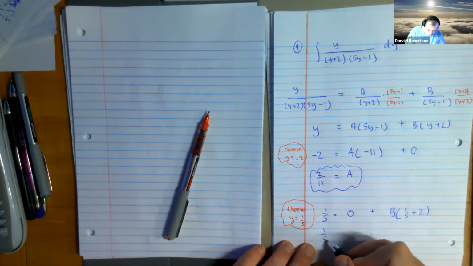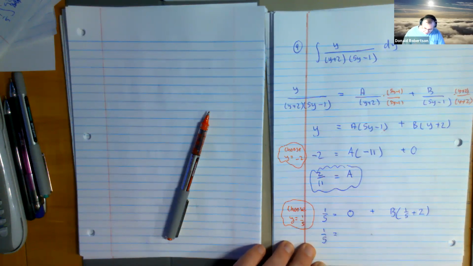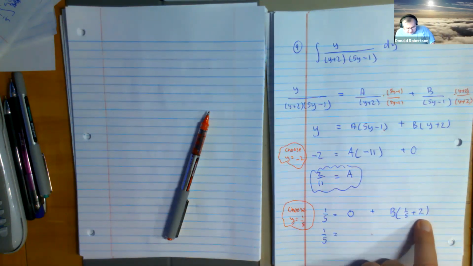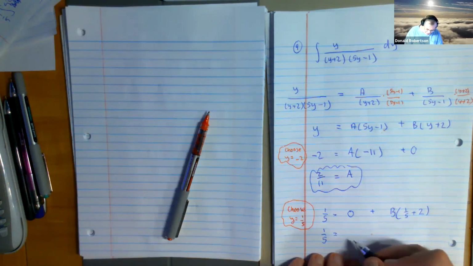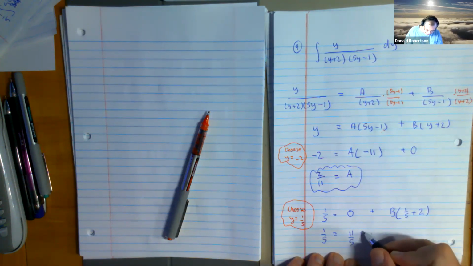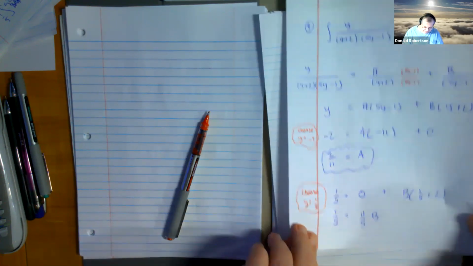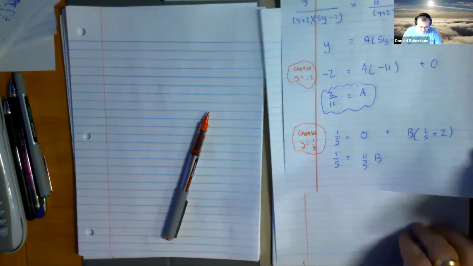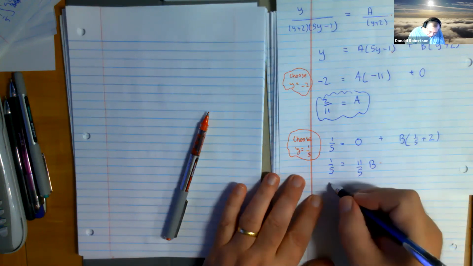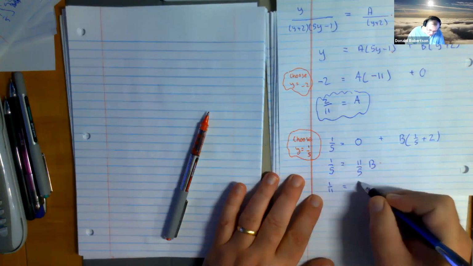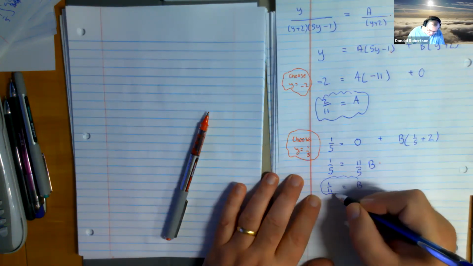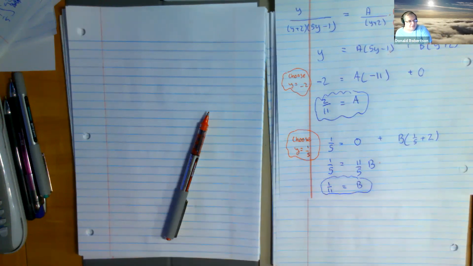So 1/5 is going to be equal to, well, that's 11/5. And if you divide both sides by 11/5, you will eventually get... Did you get 1/11? Yeah.